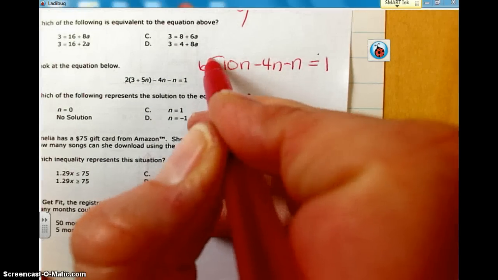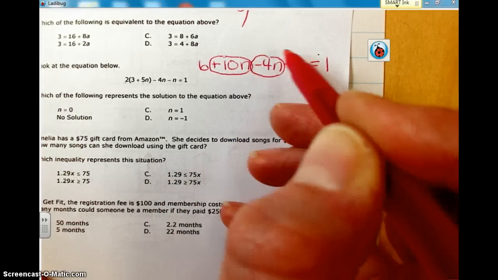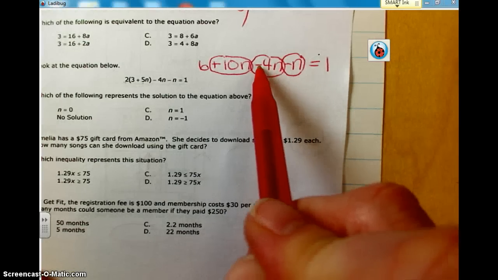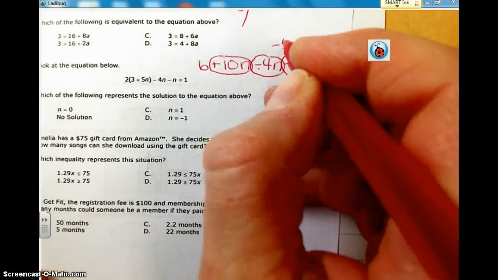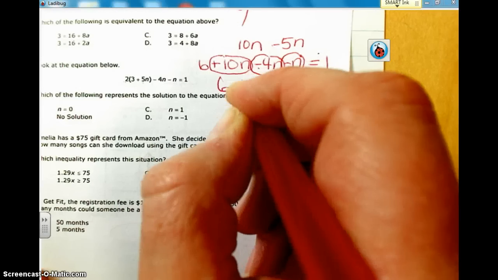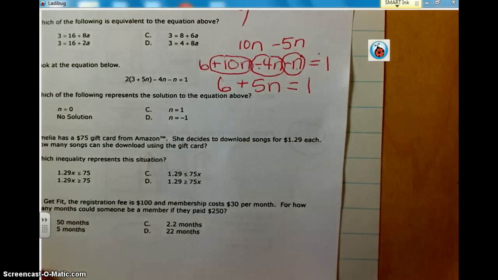I'm going to combine all my like terms. 10n, negative 4n, and negative 1n, since they all contain an n, can be combined together. So 4 negatives and another negative make negative 5n's, and 10n minus 5n gives me 5n. So 6 plus 5n is equal to 1.